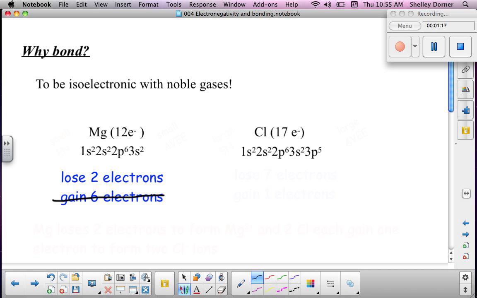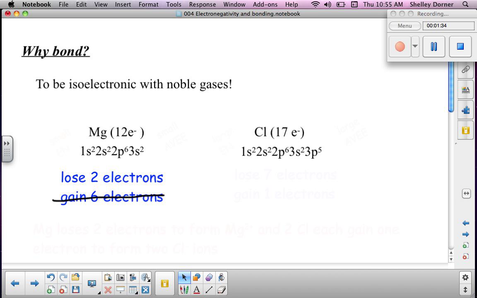As we look at the two possibilities, our first thought is to say that it would be easier for magnesium to lose 2 electrons than gain 6, simply because 2 is a smaller number than 6.